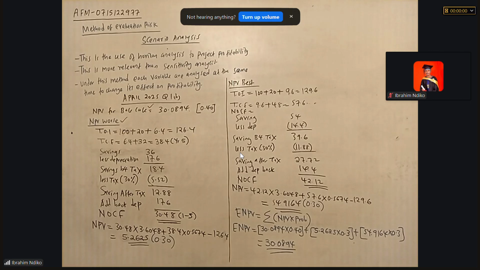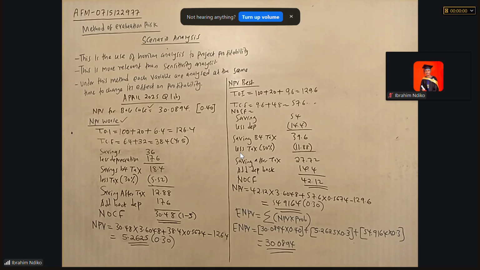Is it supposed to give the same answer as the net present value for the best case? Inafaa ikaribie. Si lazima ikuwe same kwa sababu the base is the average, ndio ya katikati. So remember when you talk about expected NPV, you're talking about the average.